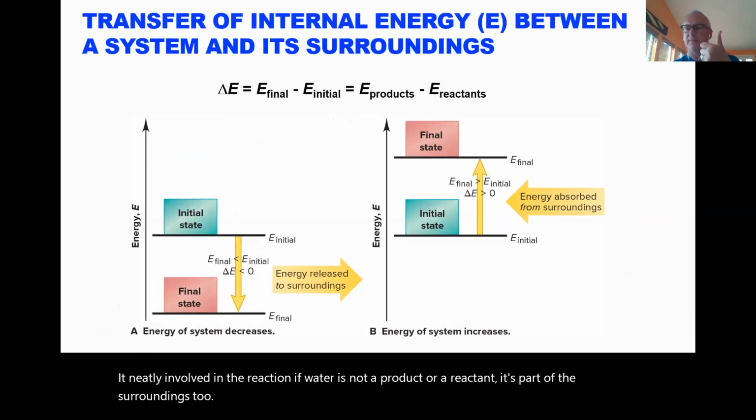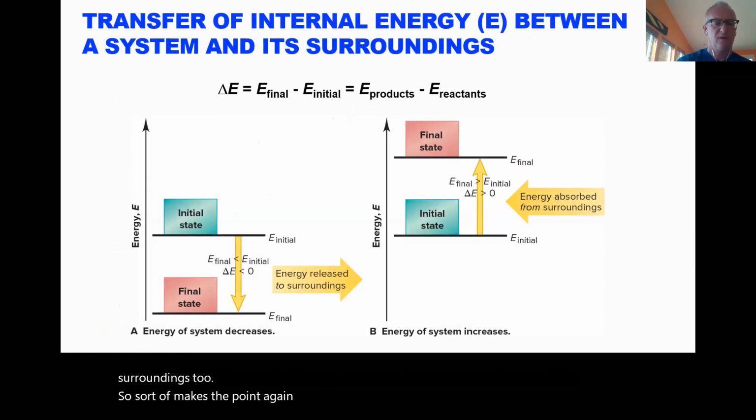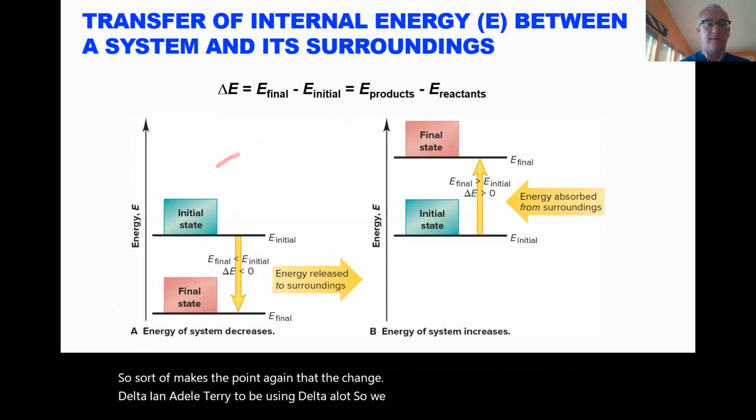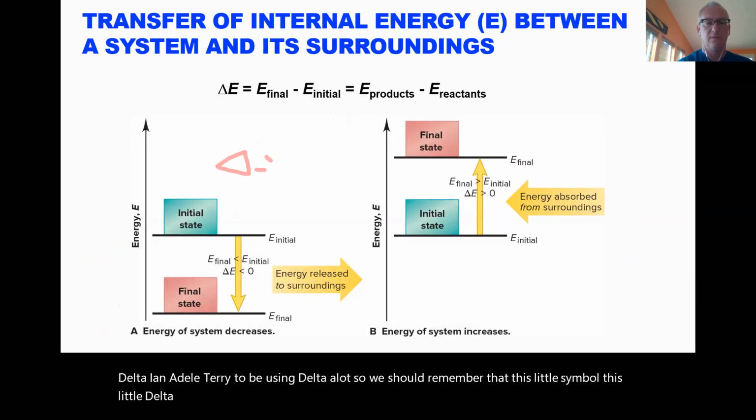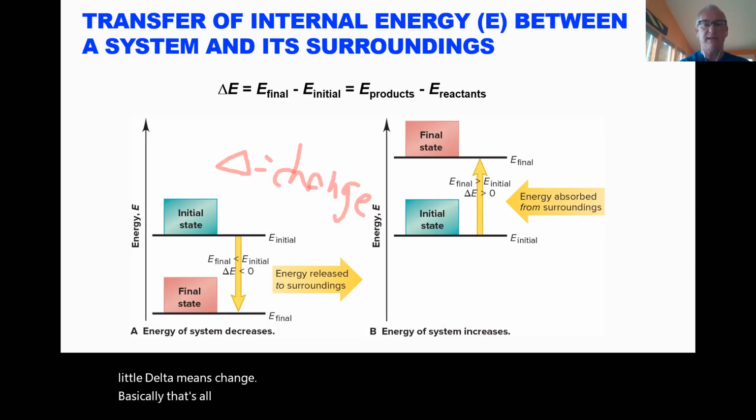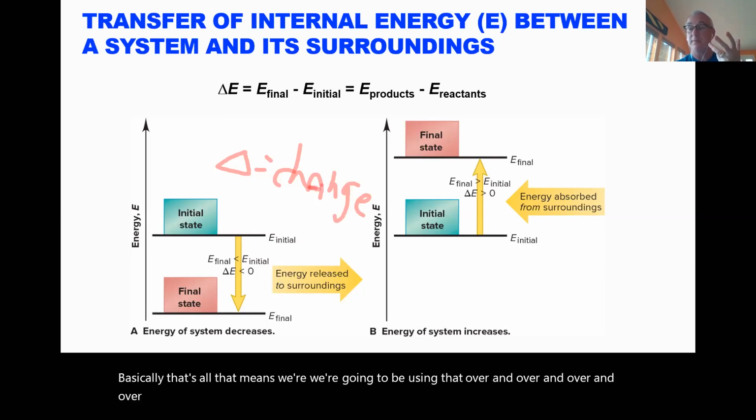So that sort of makes the point again that the change, delta E, and now delta, we're going to be using delta a lot. So we should remember that this little symbol, this little delta, means change. Basically, that's all that means. We're going to be using that over and over again.